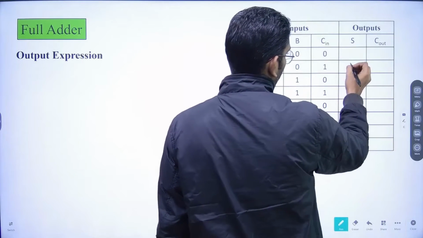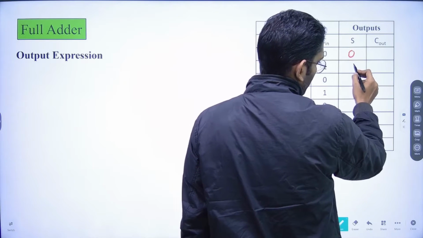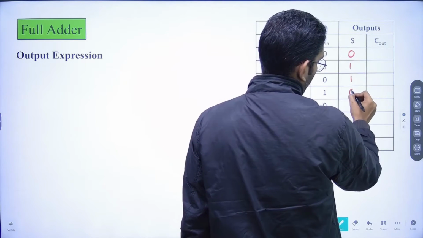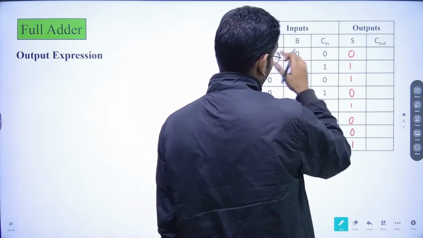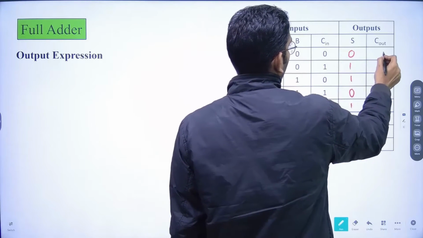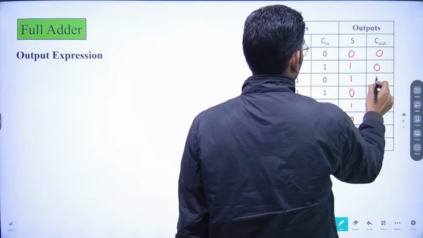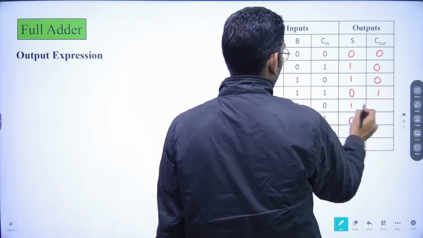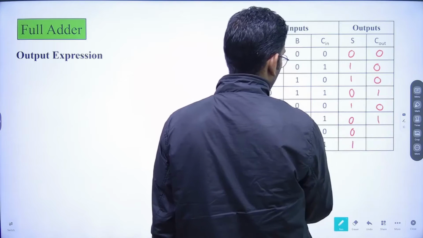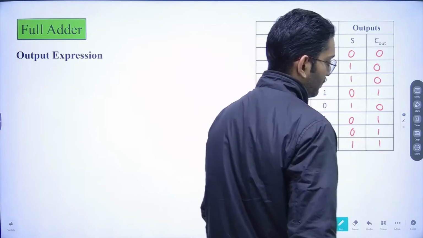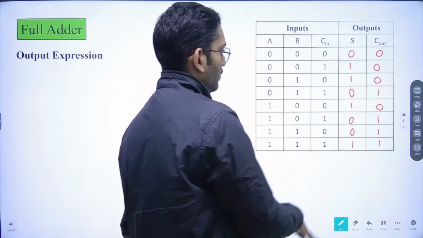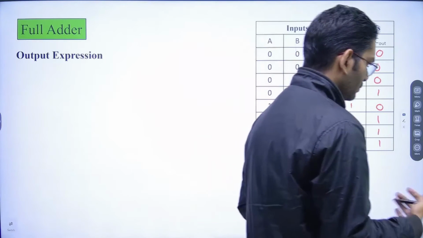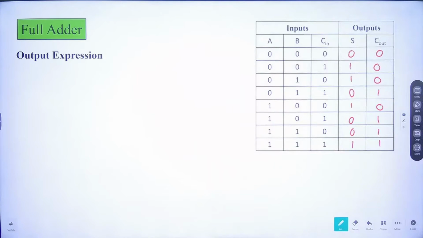So I would have to write down the output again. 0, 0, 1, 1, 0, 1, 0, 0, 1, and for Cout 0, 0, 0, 1, 0, 1, 1, 1. So these are basically the outputs that we are getting in the case of the full adder.